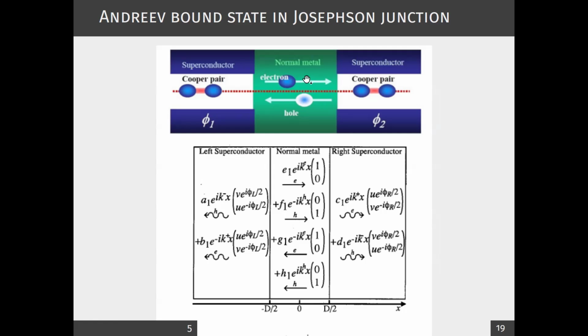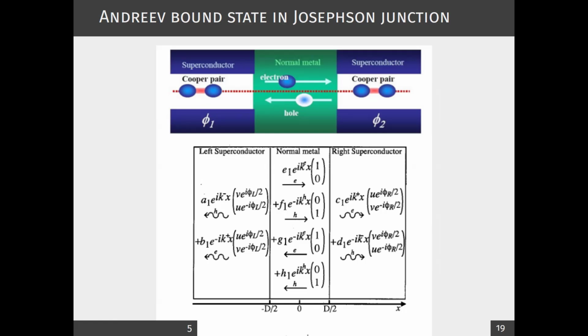Simply saying, an electron coming from a normal metal into a superconductor is reflected as a hole, and then it generates a moving Cooper pair. Reversely, a hole coming to hit the superconductor is reflected as an electron, and then the movement of a Cooper pair is implied.